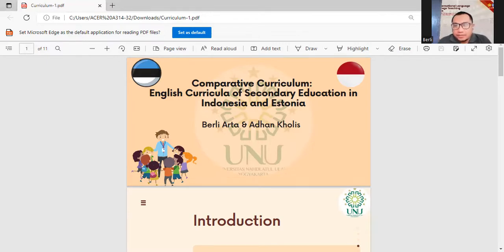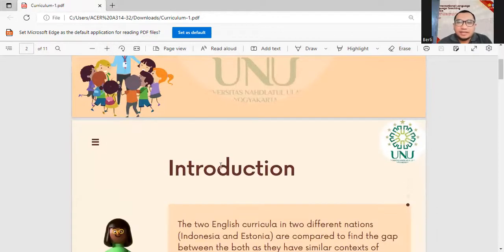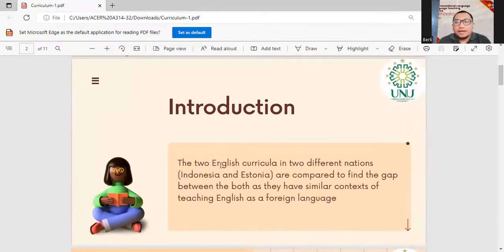On this occasion, I would like to present the paper under the title of Comparative Curriculums: English Curricula of Secondary Education in Indonesia and Estonia. The main reason why I would like to compare both curricula is because both of them have similarities in terms of the status of English education in both countries.